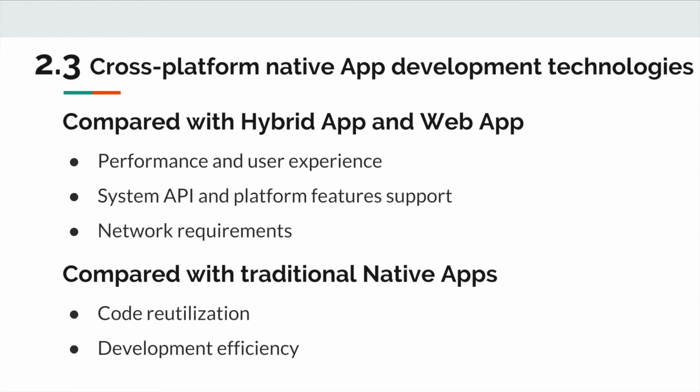System API and platform feature support. Cross-platform native applications can access local resources and take advantage of system APIs and platform features. As for network requirements, cross-platform native applications can still work well offline compared with web applications and hybrid applications.